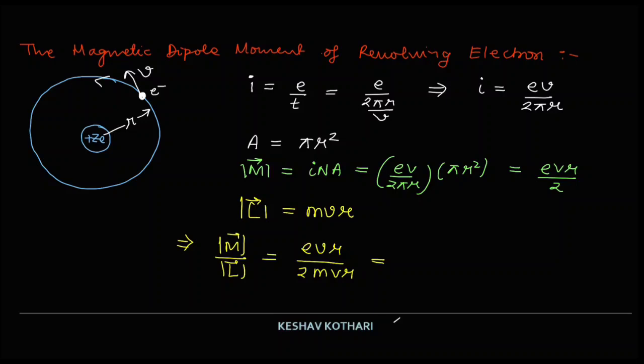So the value is equal to e upon 2m. So the charge of the electron divided by 2m is going to be the value of the ratio between the magnitude of magnetic moment and the magnitude of angular momentum for a revolving electron.